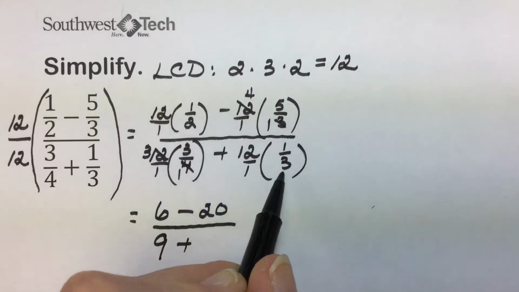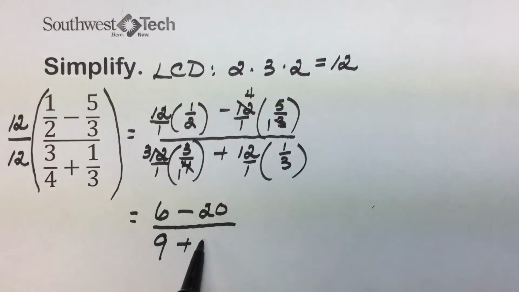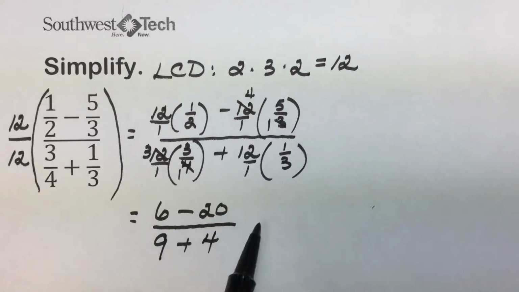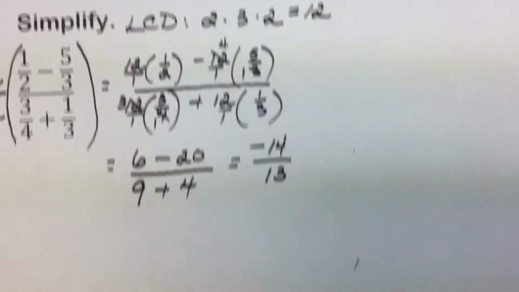And our last one then, we have a 12 over 3 is another way of simplifying that to leave a 4. Doing the final simplification results in a negative 14 in the numerator and a 13 in the denominator for our no longer complex rational expression.